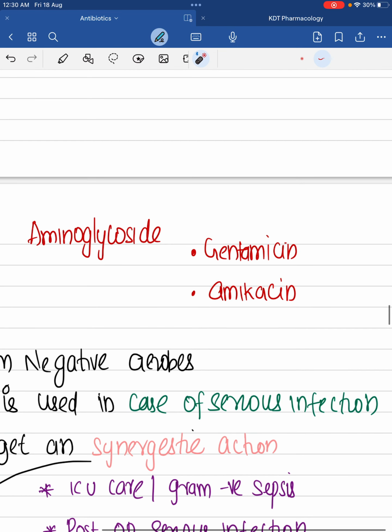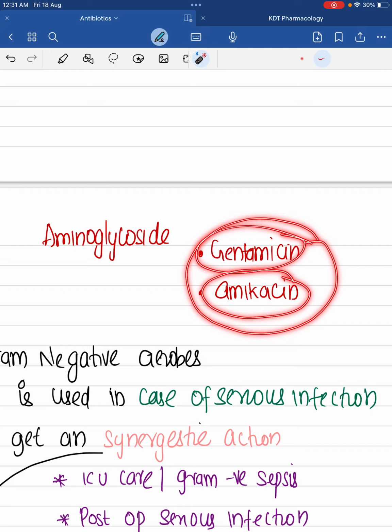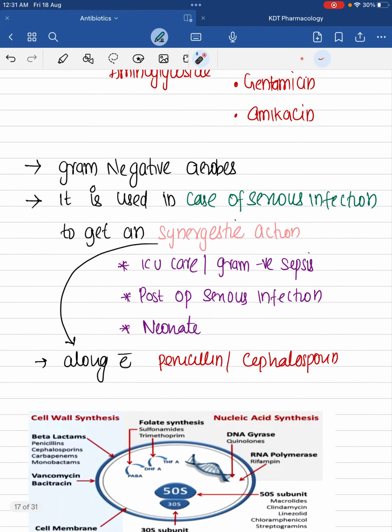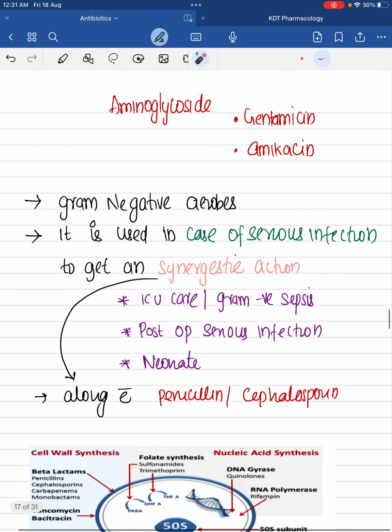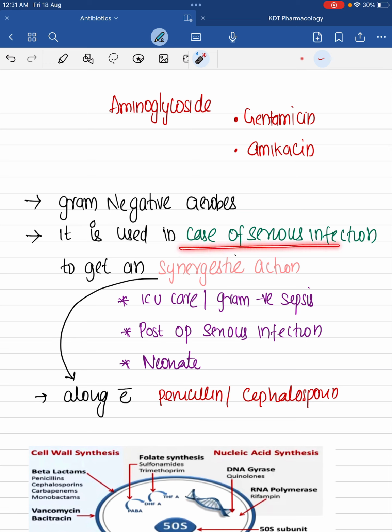Now we will go into aminoglycosides. Two drugs we have to remember, amikacin and gentamicin. We have to see when we will be using aminoglycosides. As you know, aminoglycoside is active against gram negative aerobes, but this will be used only in case of serious infections like newborn infections, because in a newborn each infection we have to consider as serious.